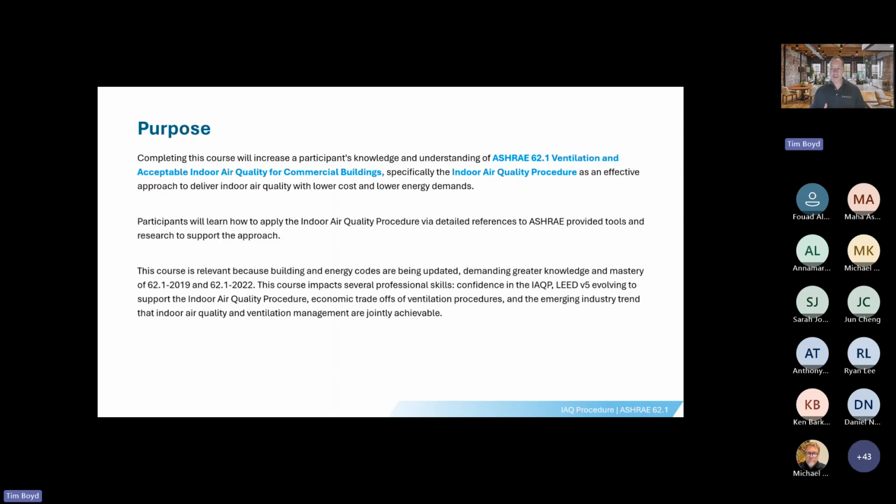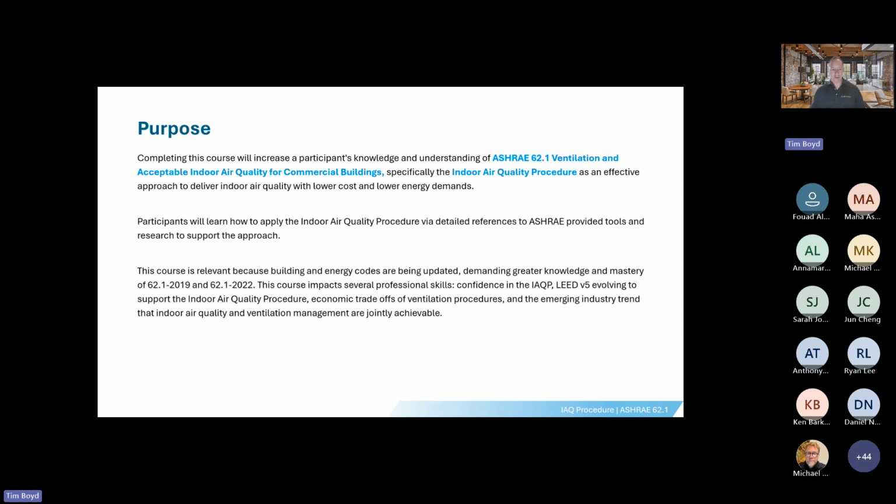The changes were really around this idea: how do we create better ventilation efficiency systems, or more efficient systems, principally around energy reduction, building decarbonization, electrification needs, and so on. All of these concepts coalesce within the 62.1 category and really focus on what's known as the indoor air quality procedure.